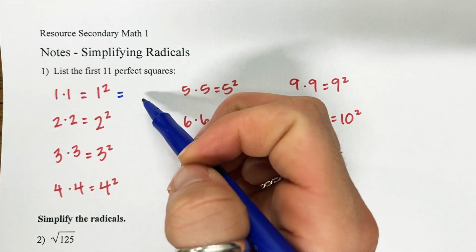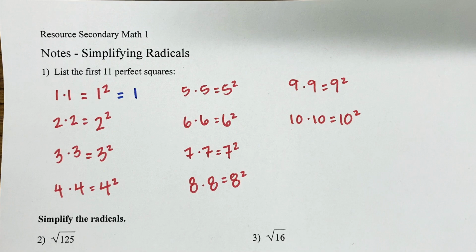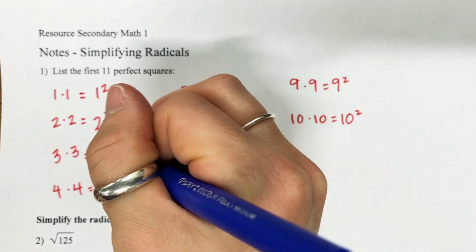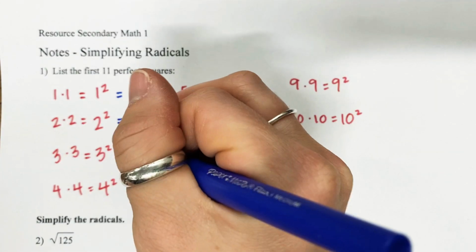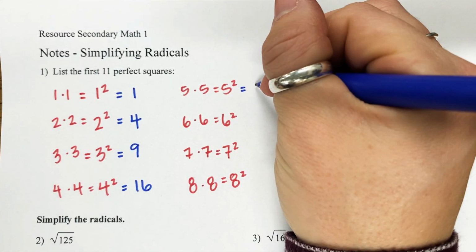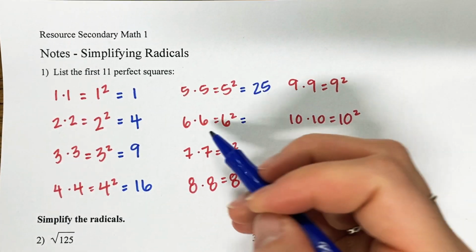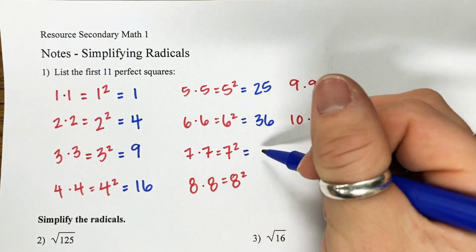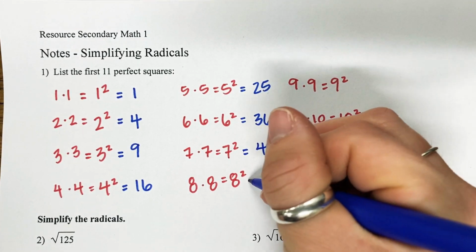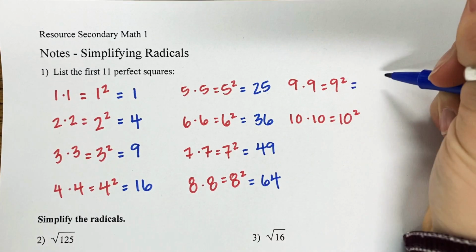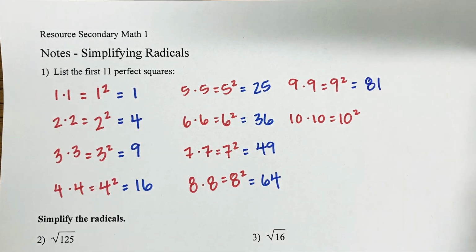What is 1 times 1, or 1 squared? That's just going to give me 1. 2 times 2, or 2 squared, is 4. 3 times 3, or 3 squared, remember we're multiplying here, is 9. 4 times 4, or 4 squared, is 16. 5 times 5, or 5 squared, is 25. 6 times 6, or 6 squared, is 36. 7 times 7, or 7 squared, is 49. 8 times 8, or 8 squared, is 64. 9 times 9, or 9 squared, is 81.